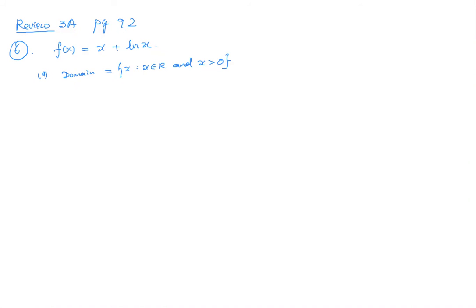For part B, I have to get f prime x first: 1 plus 1 over x. I put it equal to 0, so 1 equals negative 1 over x, so x equals negative 1. So this is not the answer.